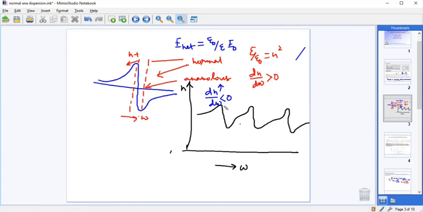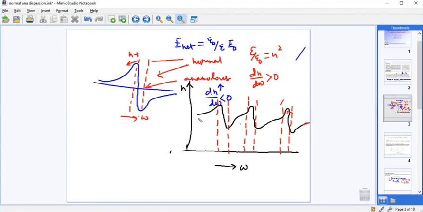So first anomalous dispersion occurs here. Second anomalous dispersion occurs here. The third dispersion occurs here, and so on and so forth.